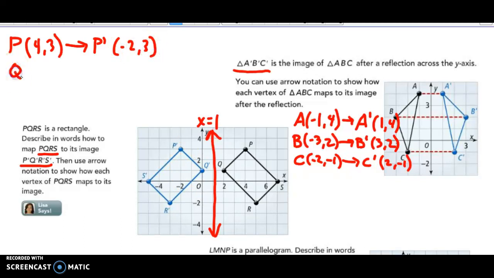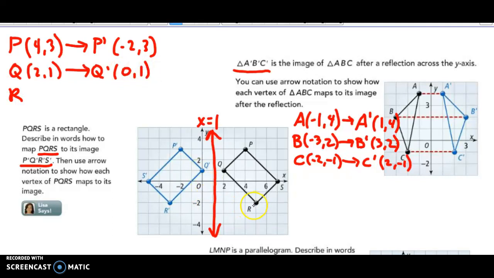Next, I'm going to describe point Q, which is at +2, +1, and Q maps to Q prime, which is at 0, 1. It's actually on the y-axis.